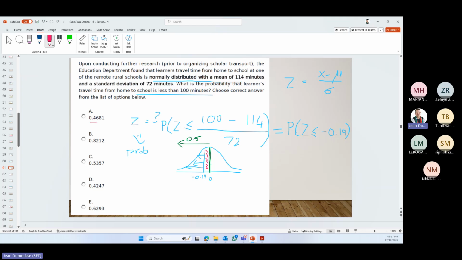So yes, option A might be, option B, no, because it's bigger than 0.5. Option C, no, bigger than 0.5. Option D might be, it's smaller. Option E, no. So once again, we've eliminated 3 of the options just because of this sketch. We haven't done all of it yet. So now we want to get this area, so we can go to negative 0.19.